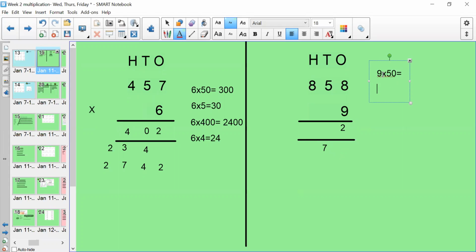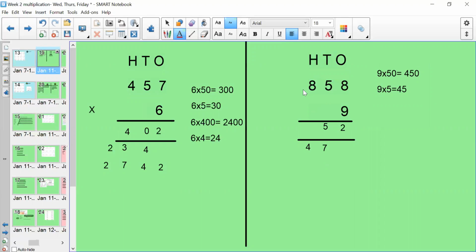So we know that 9 times 5 equals 45. Therefore, 9 times 50 equals 450. Okay, so we'll put the 400 over here, and then the 50 over here in the tens column.